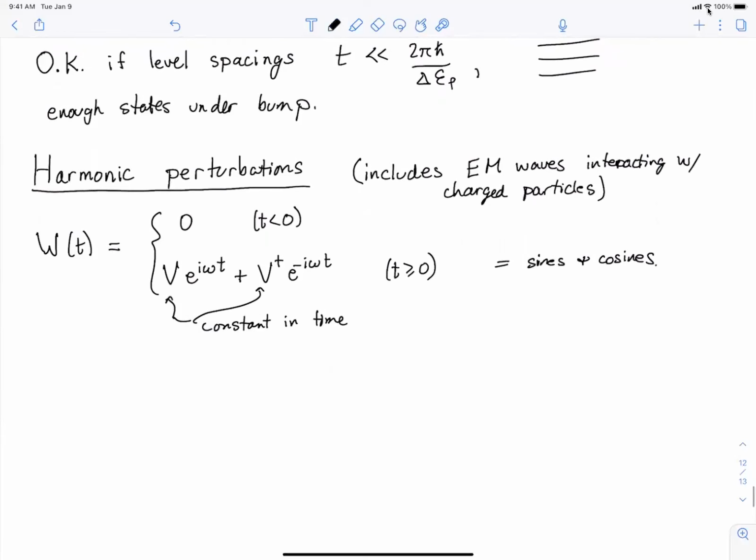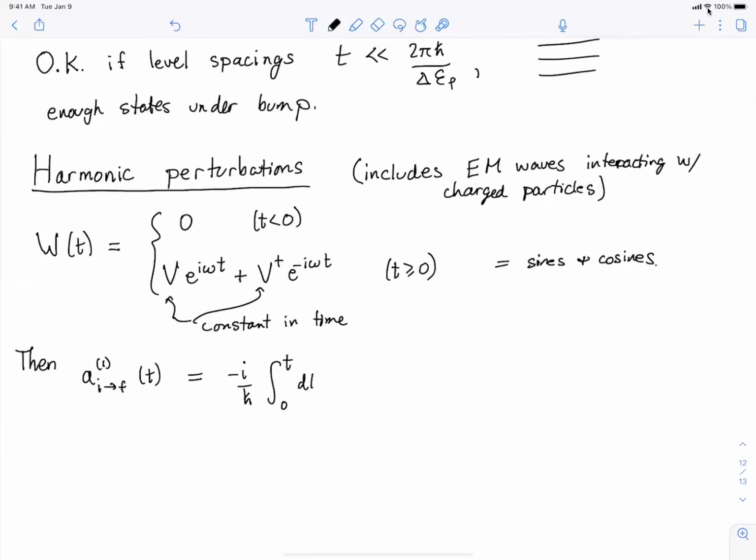Okay, so we know what to do. We write down our integral for the transition probability amplitude. It really just depends on time because we've set t0 to equal 0. And it's equal to minus i over h bar.